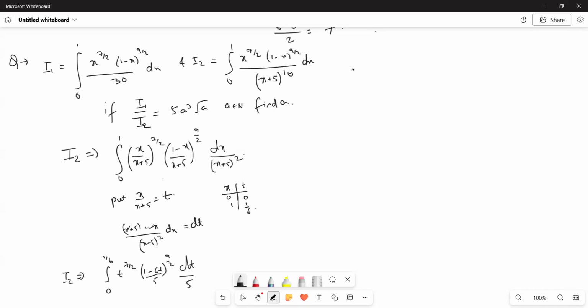So in that case, I2 would basically end up becoming 1 by 5 to the power 11 by 2 outside, t to the power 7 by 2, 1 minus 6t to the power 9 by 2 dt, going from 0 to 1 by 6.